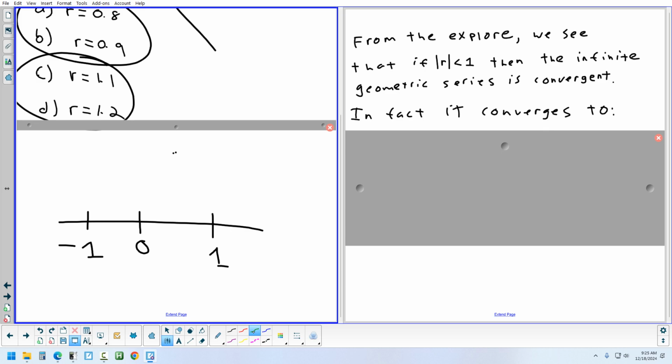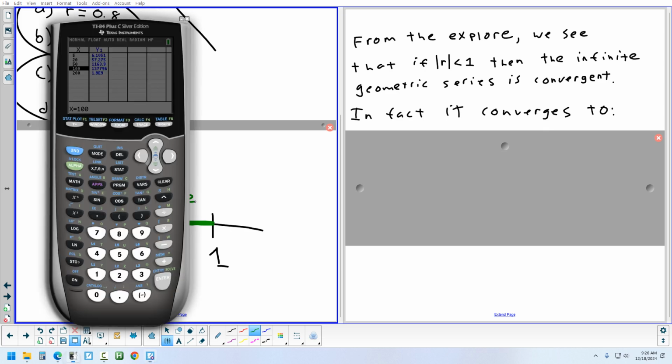You can also include the 1 unit, so you could go right up to 1. And how far away can you go from 0 on the left side if you still want to be within 1 unit? -1. You can go right up to -1. That is the zone of R values where things will converge. R will converge anytime you have a number between -1 and 1.